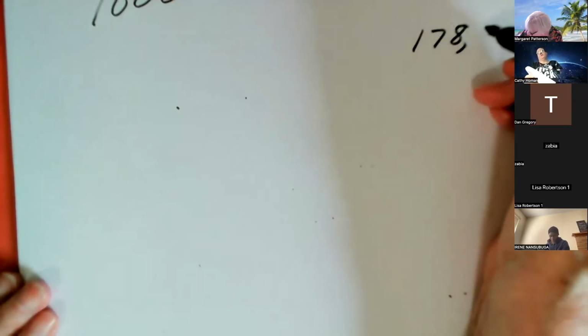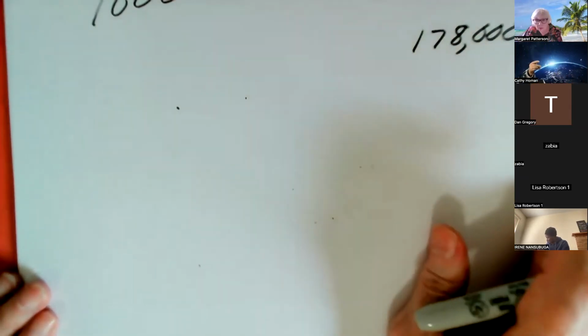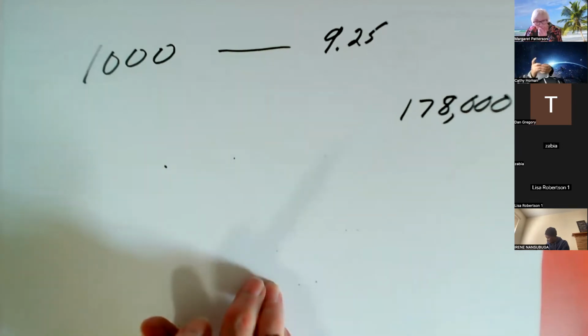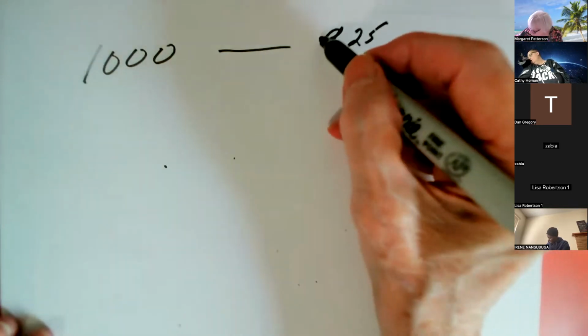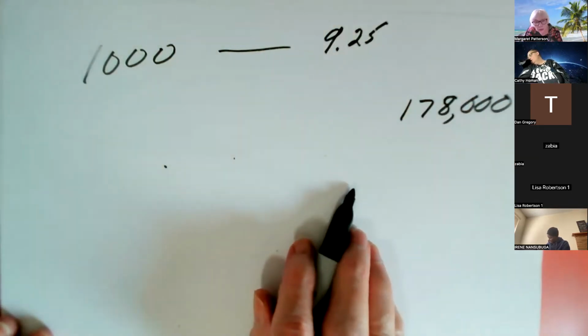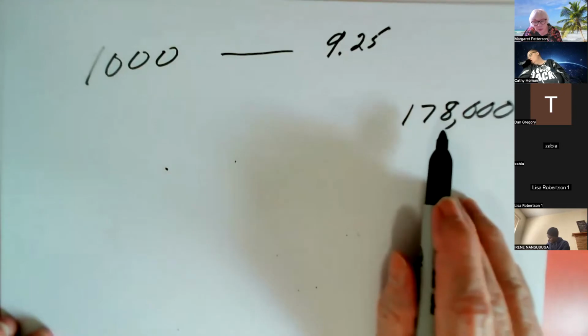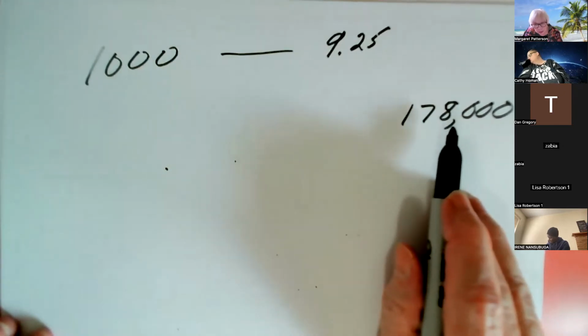I want to say I ended up with the sum being like 1,700. I think it was like $9.18 or $9.17 or something like that, but for the sake of just doing the problem, that's fine. So the mortgage was $178,000.